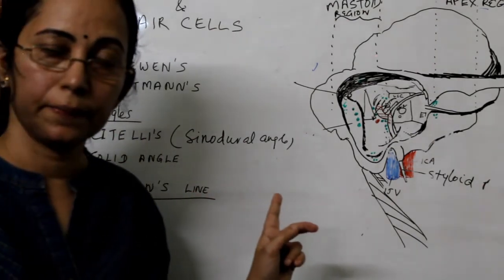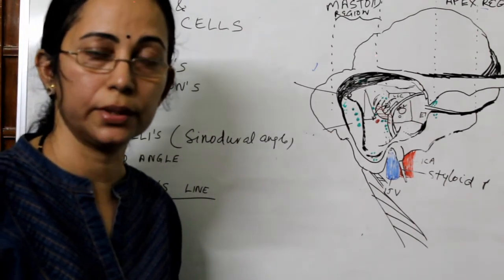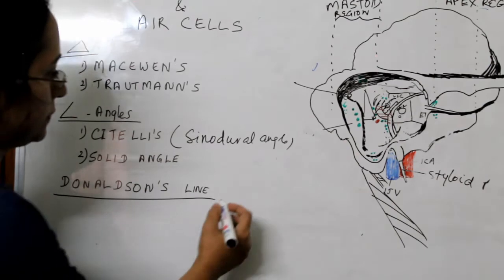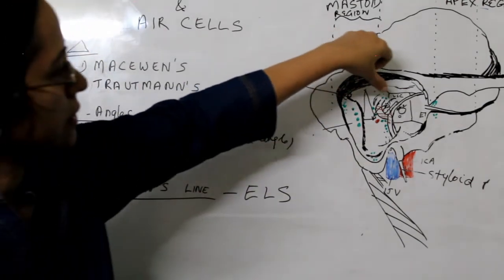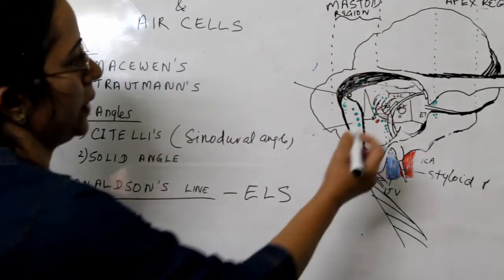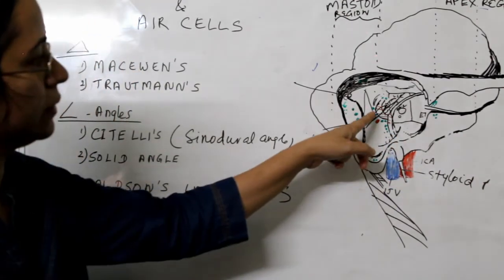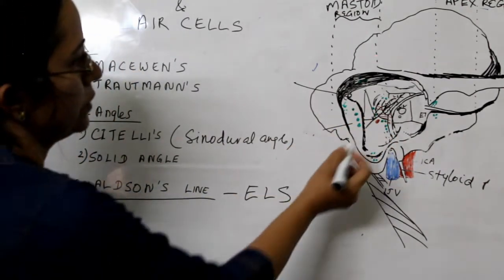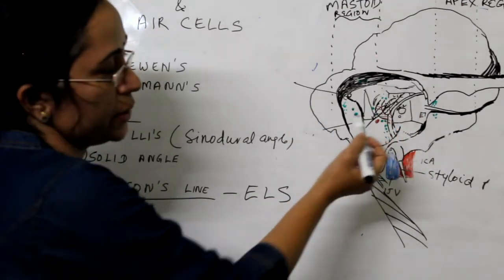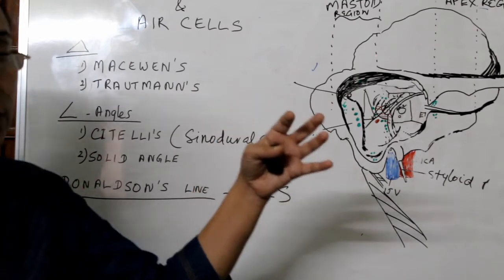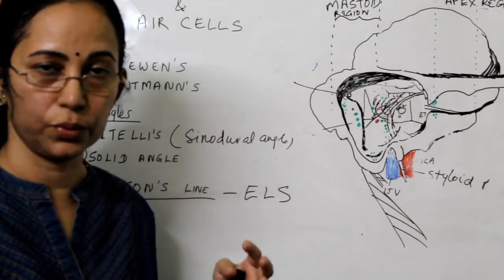Donaldson's line is a surgical or surface landmark for the endolymphatic sac. Actually, this is the lateral semicircular canal. This line passes through the lateral semicircular canal, bisecting the posterior semicircular canal, and the endolymphatic sac is seen as a thickening on the posterior fossa dura.